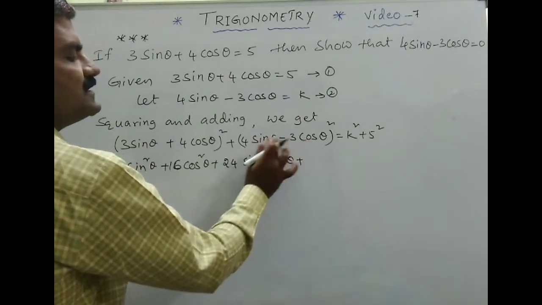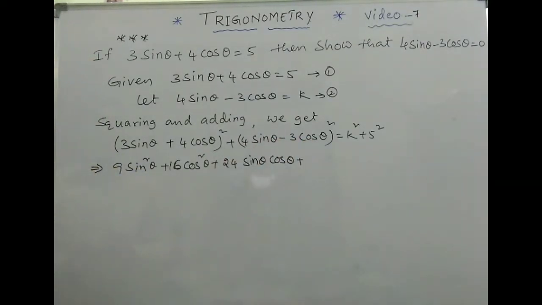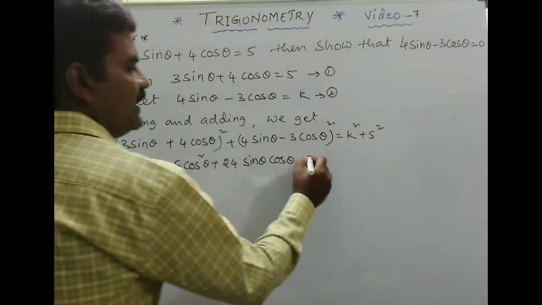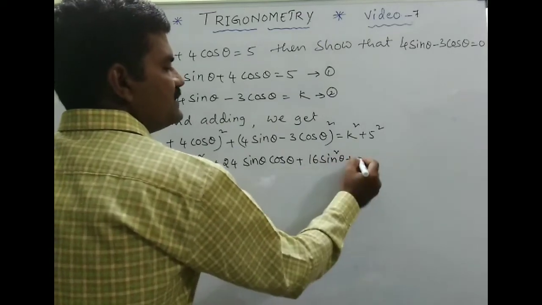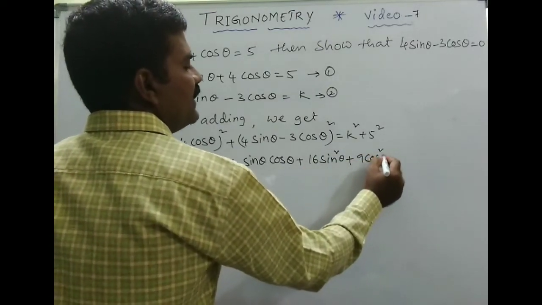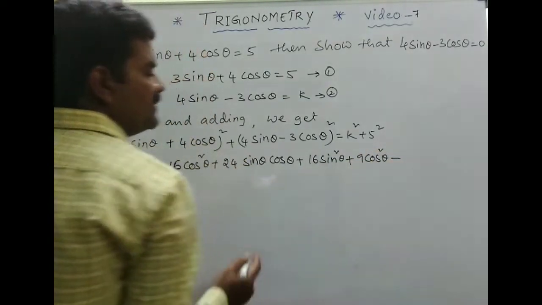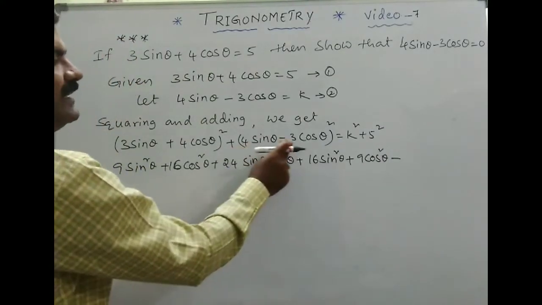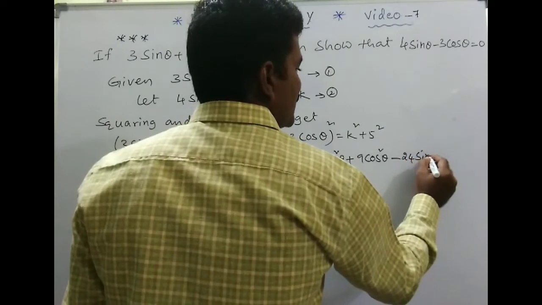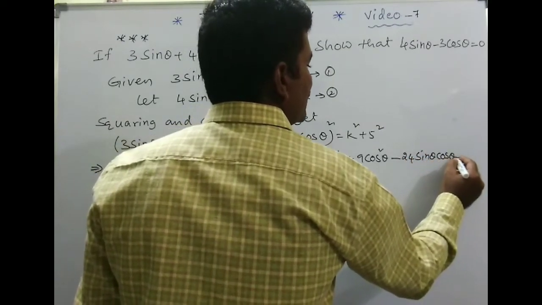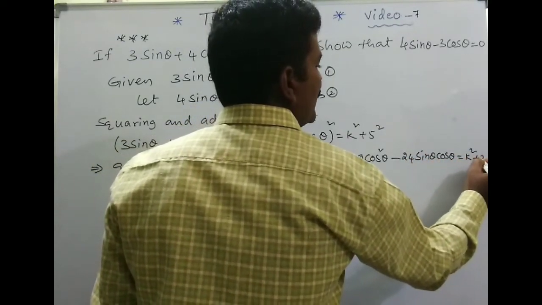Coming to this, in the form of (a minus b) whole square: a square, which is 16 sin square theta, plus b square, 9 cos square theta, minus 2ab, 2 into 4 into 3, that is 24, minus 24 sin theta cos theta, which is equal to k square plus 25.